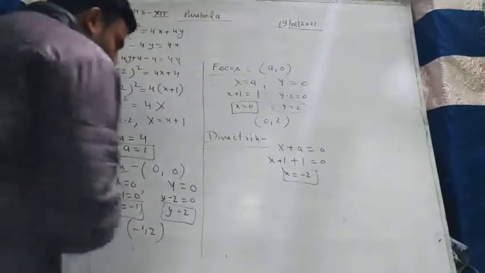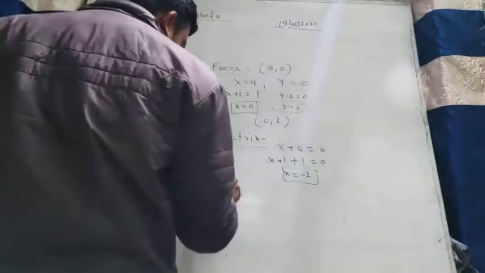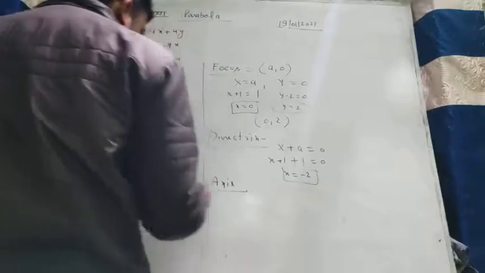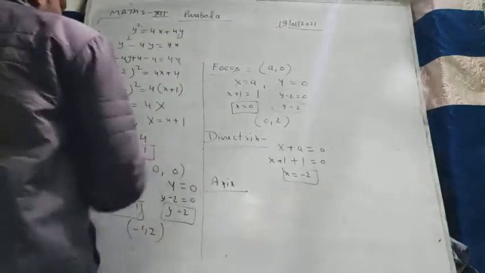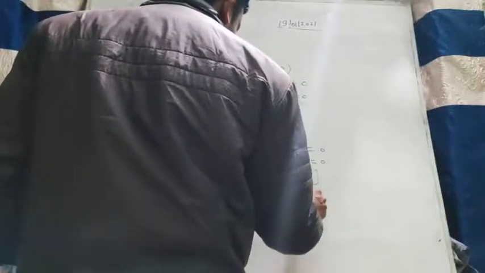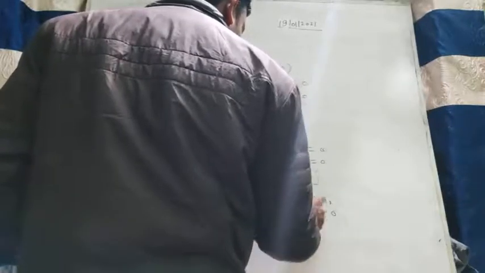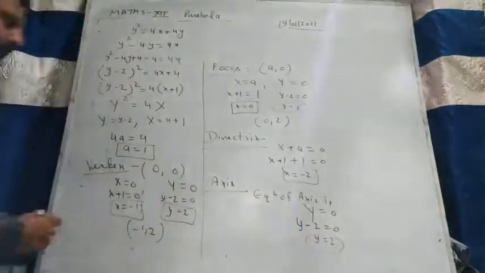Now student, the next thing to find is the axis. Here the axis is the x axis, so the equation of axis is capital Y is equal to 0, student, and our capital Y is y minus 2 equal to 0, so y is equal to 2. Okay, student.